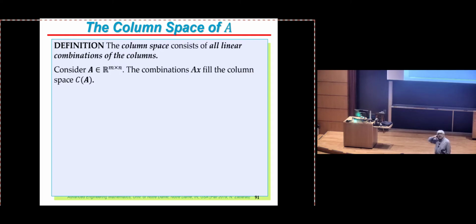Can you tell me of what space the column space of A is a subspace of? Remember, the matrix is m by n. So every vector in the column space has how many elements? If the matrix is m by n? How many? M.